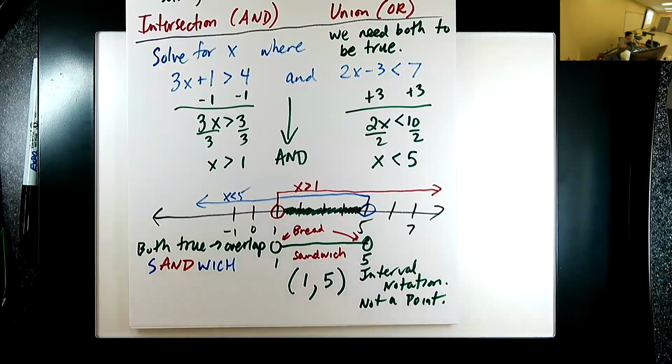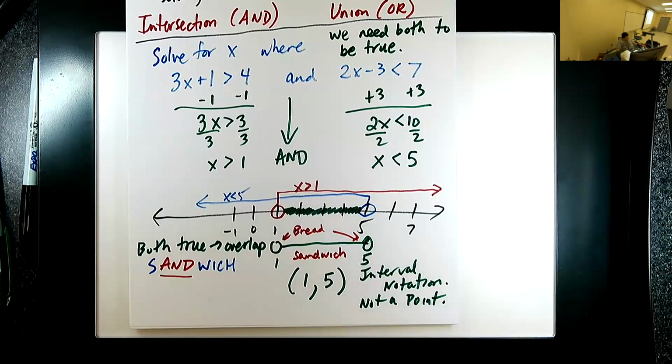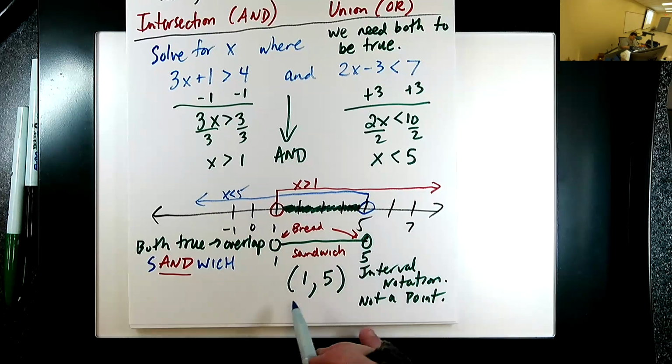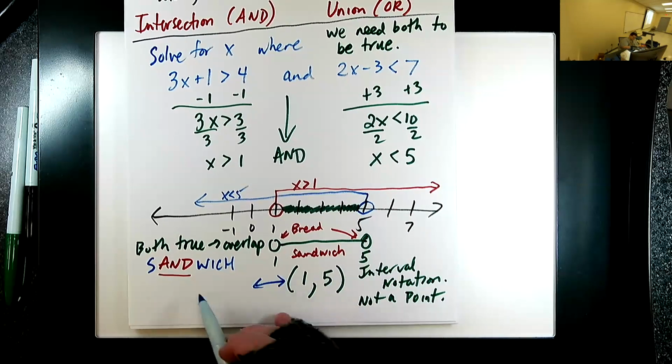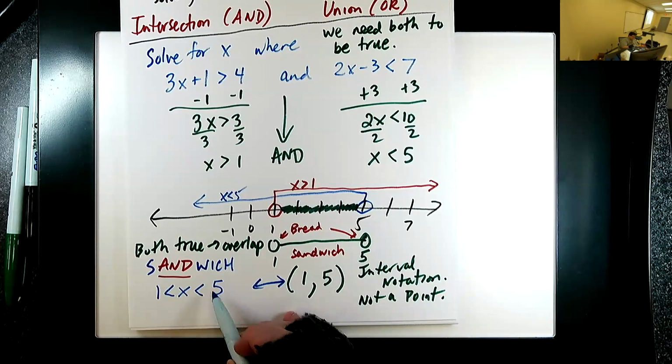They don't always, though. So there's an and in the word sandwich. That's a helpful way of remembering it. It's not always going to work, but when it does, when you do the number line and you see the overlap like this, another way that is written is 1 is less than x, which is less than 5.